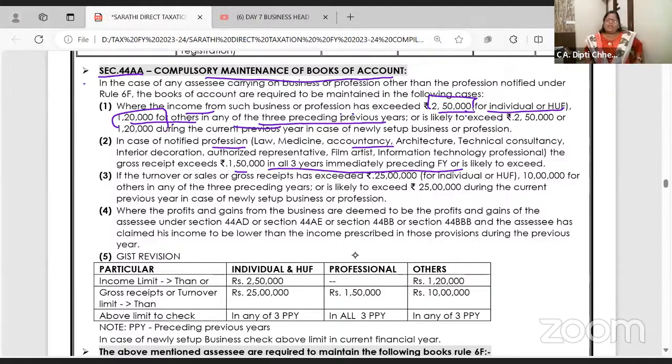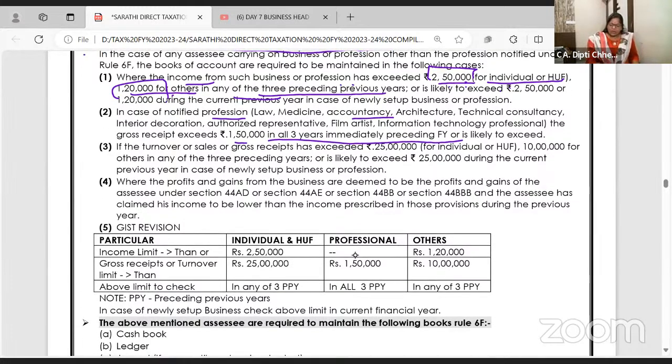Here it is all the 3 years. So last 3 years, your income exceeded 1,50,000 and you are a lawyer, and this year your income is 60,000. Still, should you maintain the books? Yes, because last 3 years it exceeded, na? So like this, you have to check.